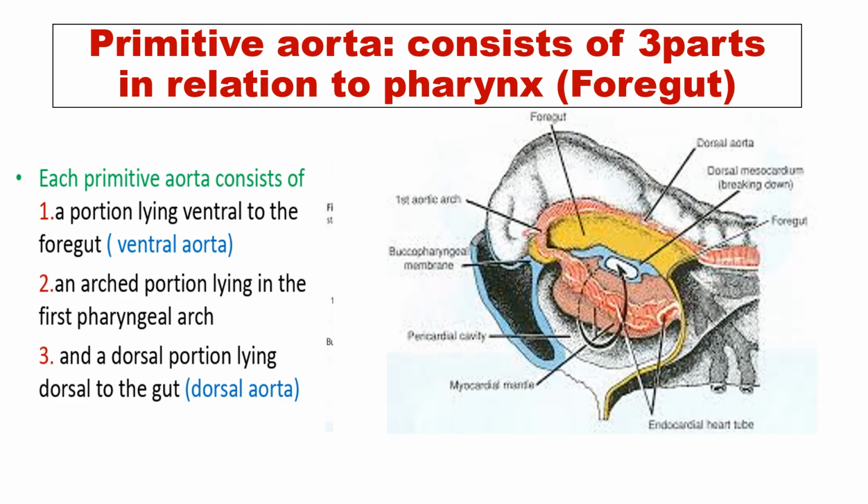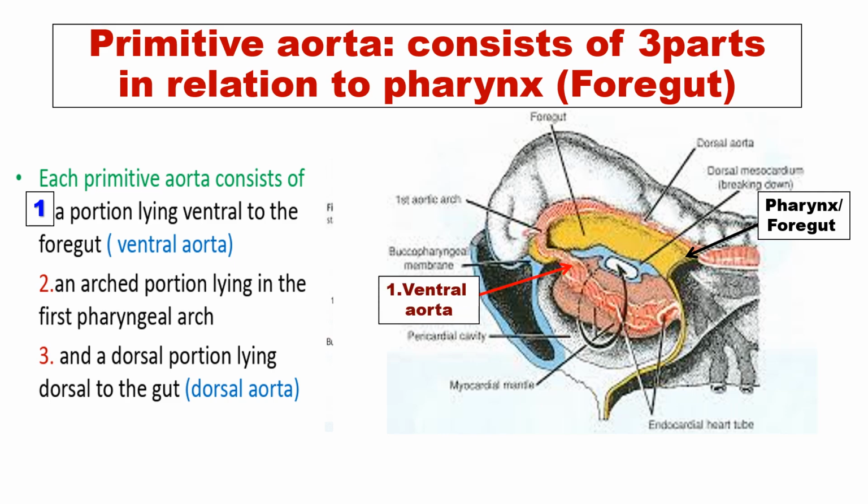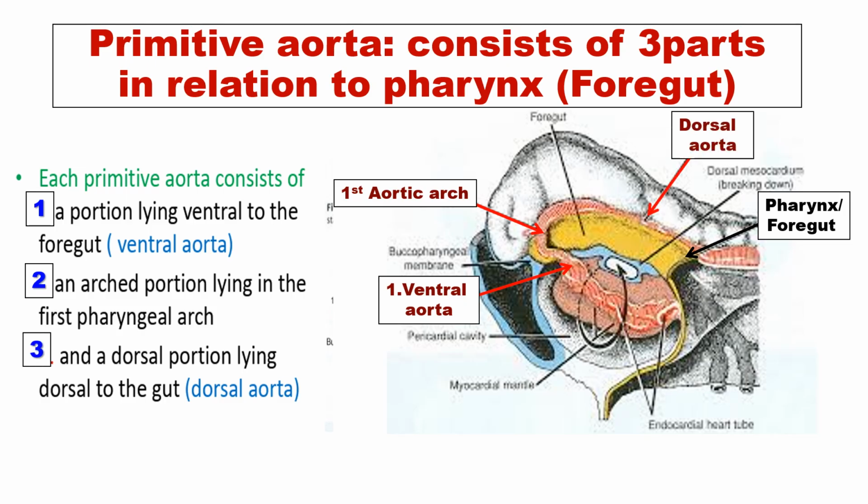The primitive aorta consists of three parts in relation to the pharynx, which is the cranial end of the foregut. The portion lying ventral to the foregut is the ventral aorta, the cranial end of the truncus arteriosus. An arch portion is the first aortic arch artery. A dorsal portion is the dorsal aorta.